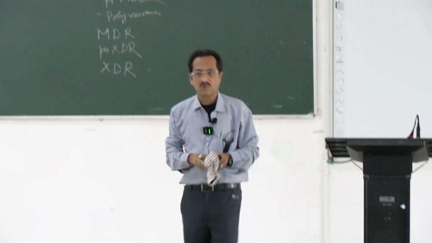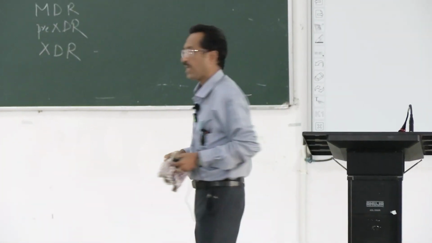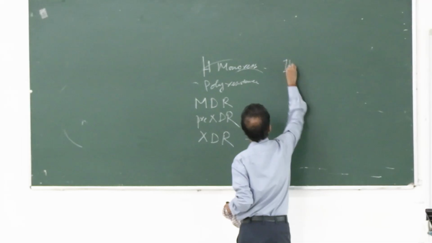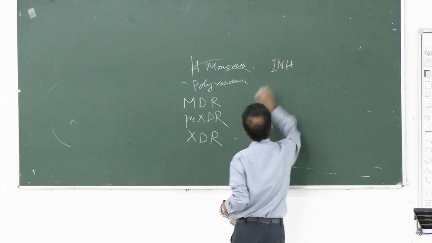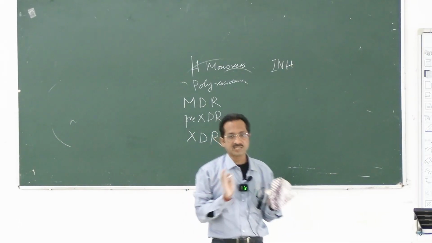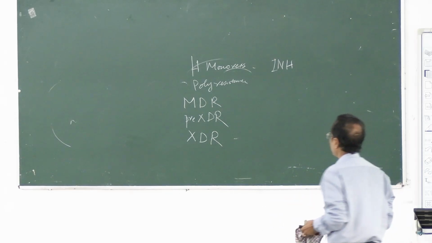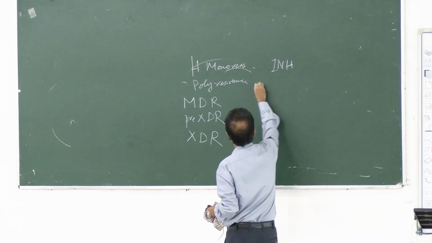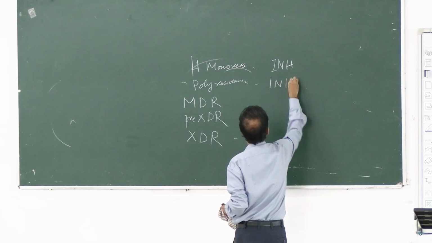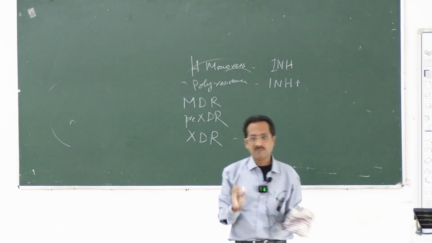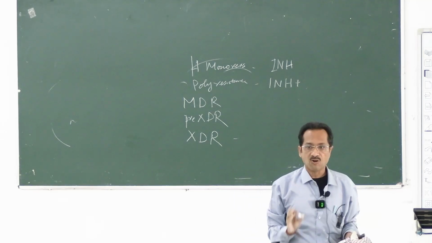So what is H monoresistance? H monoresistance is resistance to INH. What is H polyresistance? INH plus any first line drug but not rifampicin.